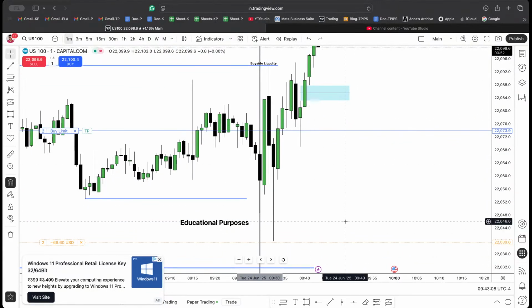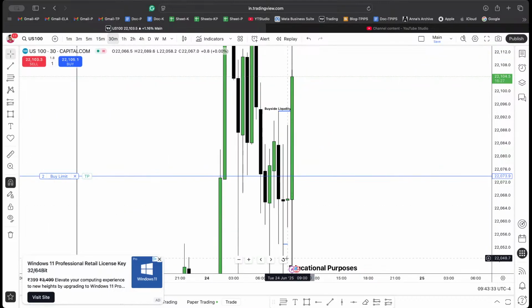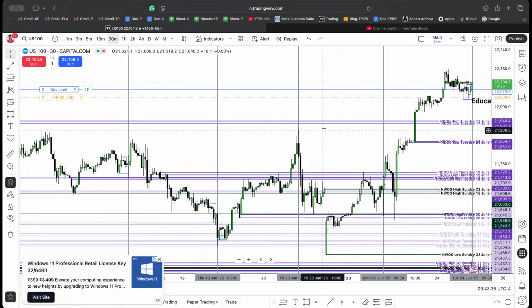The stop loss is going to be this low, which is 22,039.5. And the target is going to be about this area.